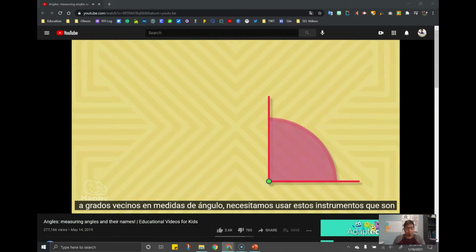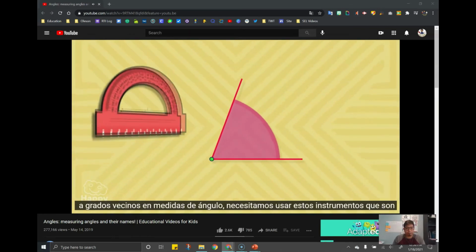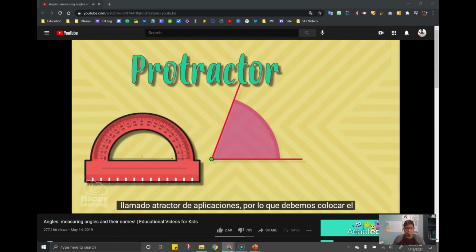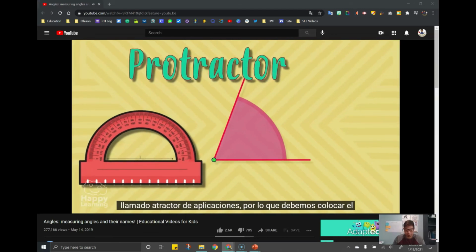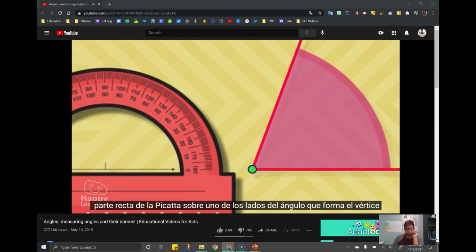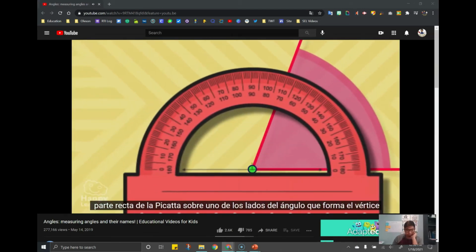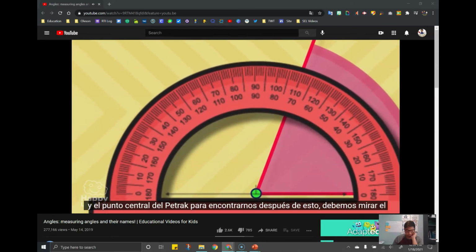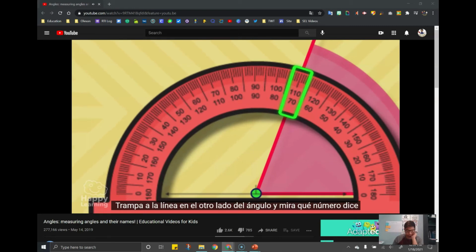To know the degrees that an angle measures, we need to use this instrument, which is called a protractor. We need to place the straight part of the protractor over one of the sides of the angle, making the vertex and the central point of the protractor meet. After this, we look at the protractor line on the other side of the angle and see what number it says.